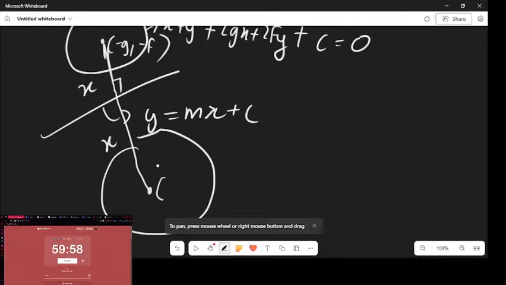We can find the center of this circle by using the image of a point with respect to the line formula. The radius will remain constant. This is r. This will also be r.